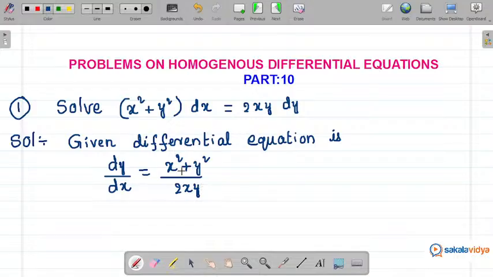We need to verify whether x square plus y square divided by 2xy is a homogeneous function or not.